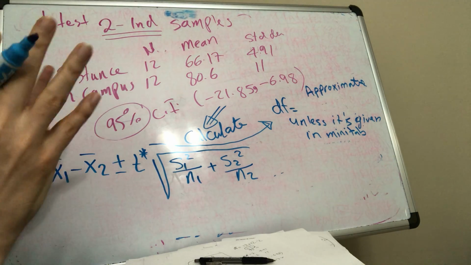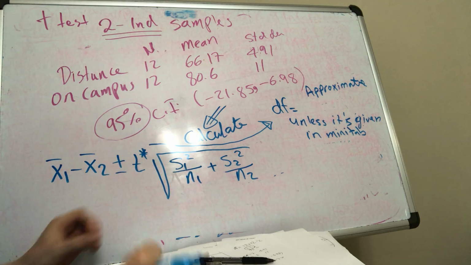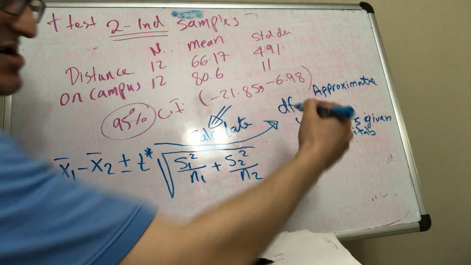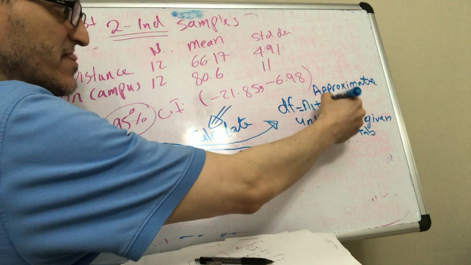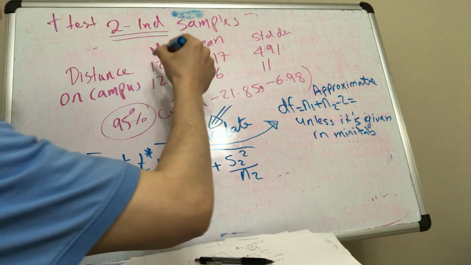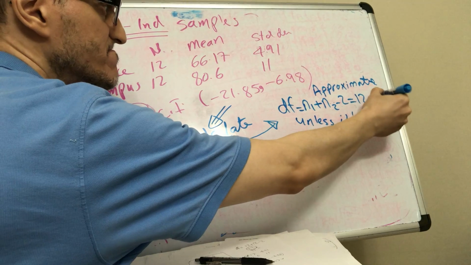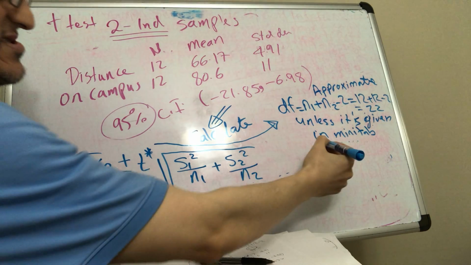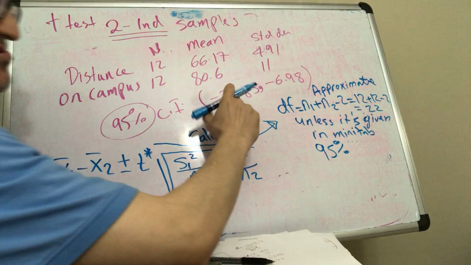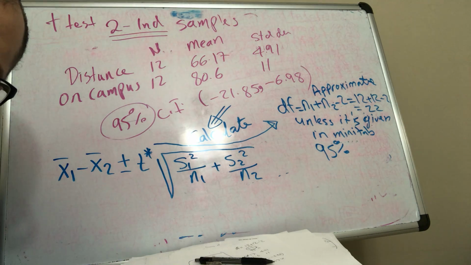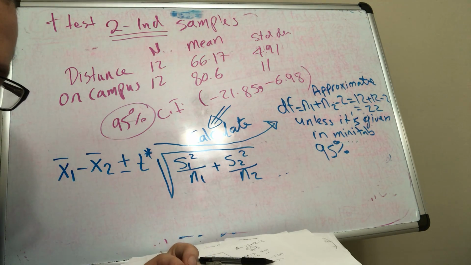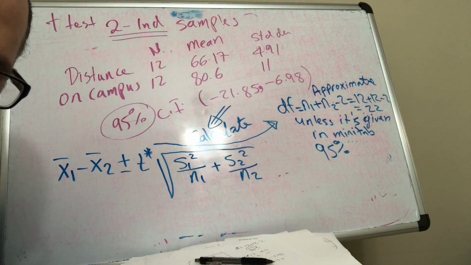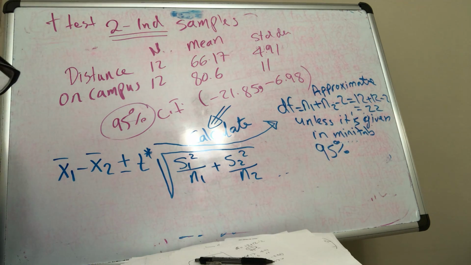Minitab uses the accurate degrees of freedom, but in the exam, if you're not given the degrees of freedom, use the approximate, and the approximate would be n1 plus n2 minus 2, so it would be 12 plus 12 minus 2, and that would give you 22, and it's 95%. So our calculation is not going to be exactly like this. It will be a little bit off, but acceptable, because there's no way to calculate the accurate degrees of freedom, so you can only estimate it if you have to do this in the exam.